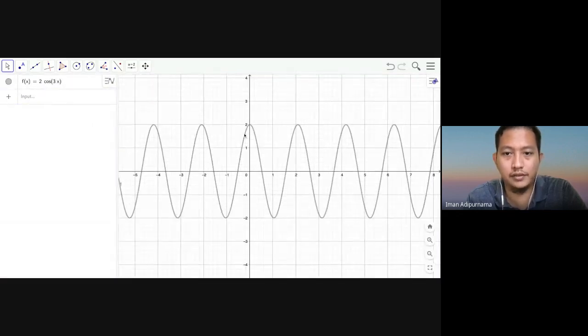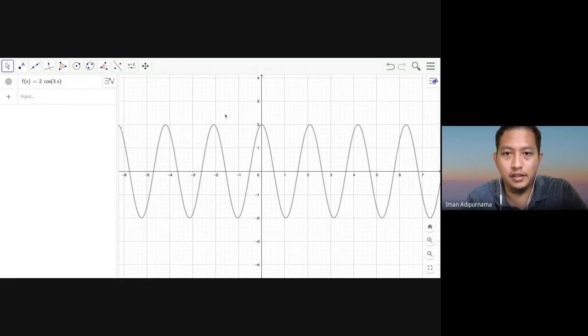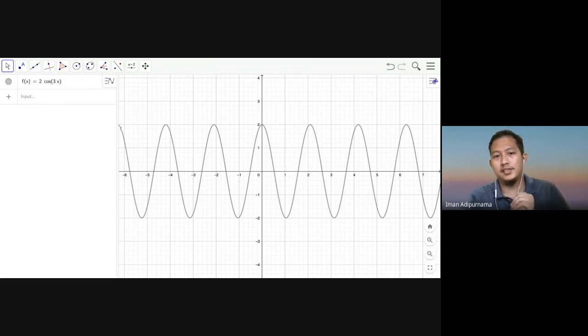Okay, that's the graph. So it doesn't have any limit, right? It's always getting to positive 2 and then negative 2, right?